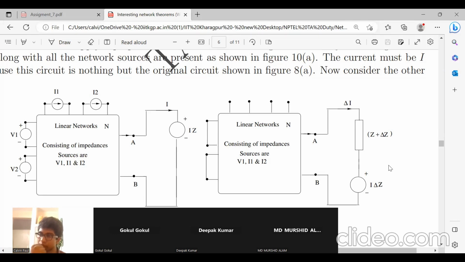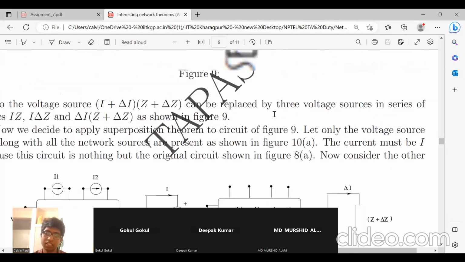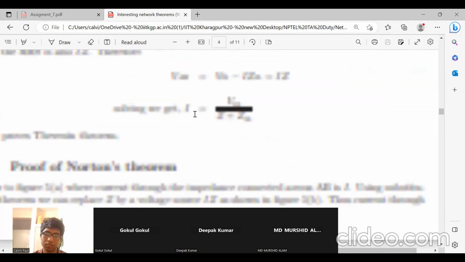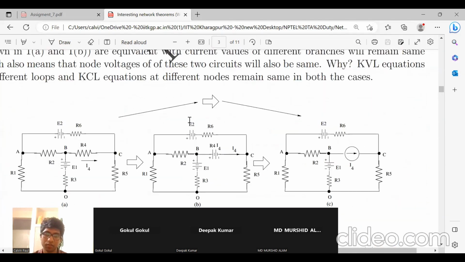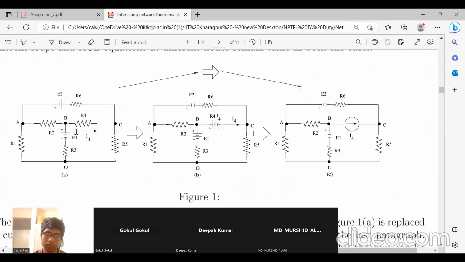Why? See, what is the superposition theorem? Let us consider this network over here. We want to find the current I4. What we do is replace this EMF, this voltage source E2, by 0, short it, and find the current I4 due to this voltage source alone.